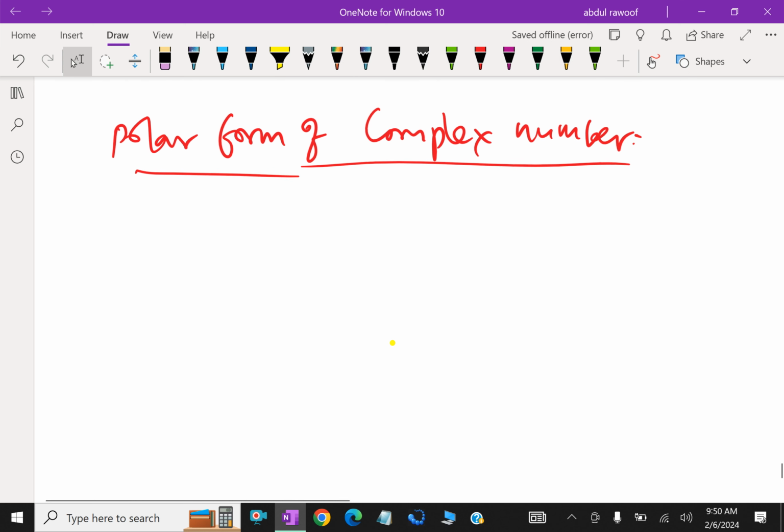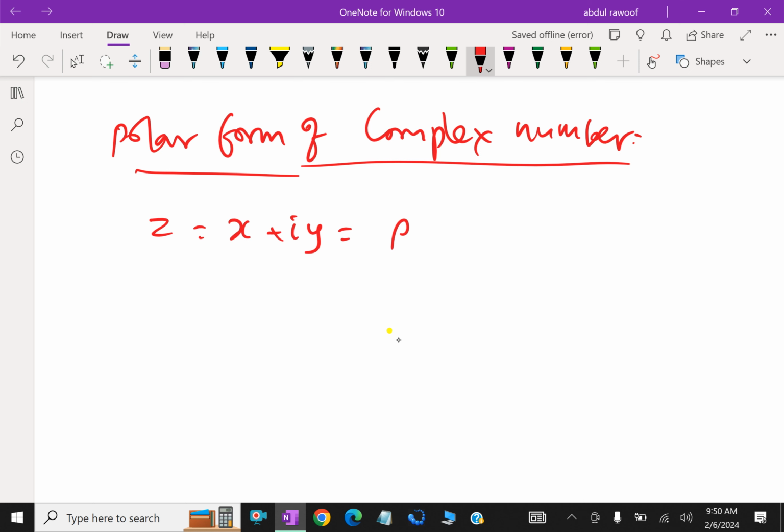The polar form of a complex number can be expressed as: suppose z equals x plus iy is a complex number, which can be expressed as rho times cos phi plus i sin phi. We call it the polar form of a complex number.